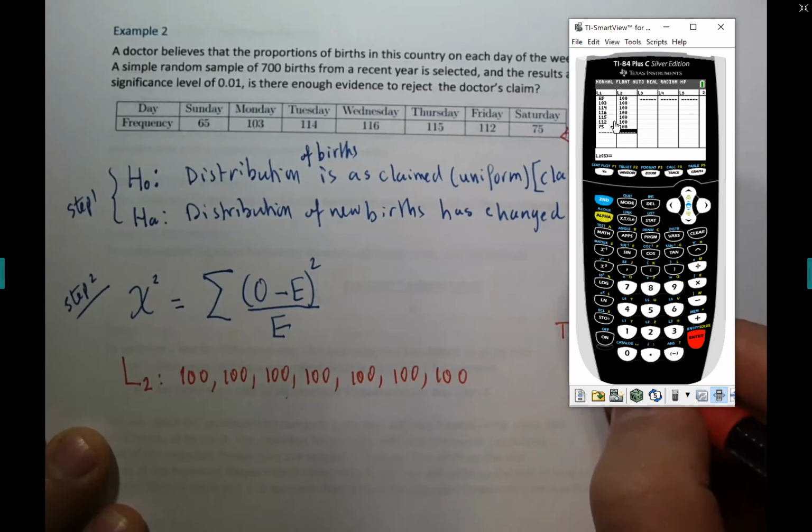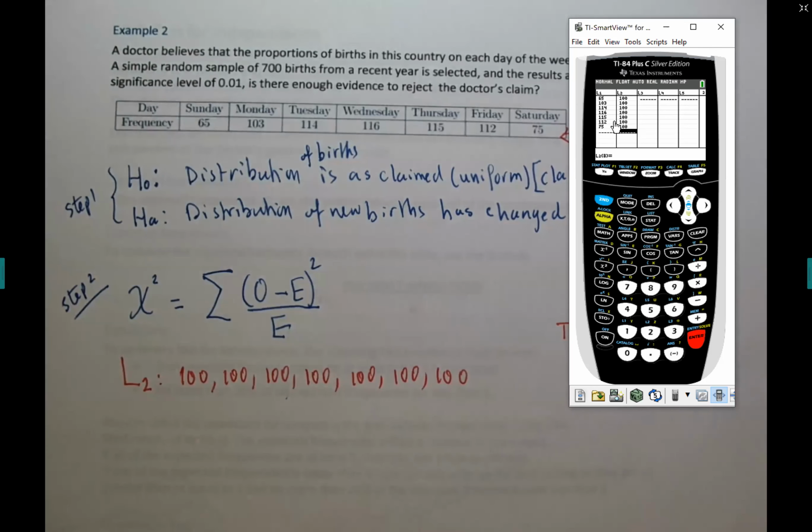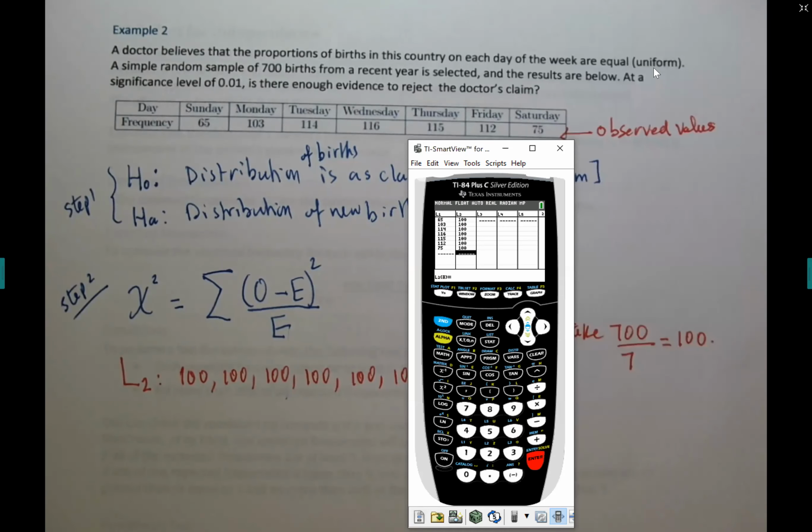Take 700, divide by 7, which is 100. If you had 6 categories, guys, you would divide by 6. If you have 5 categories, you will divide by 5. If the question is about uniform distribution, that's how you do it. It's not going to give you percentages.